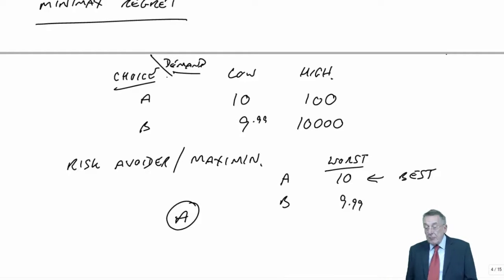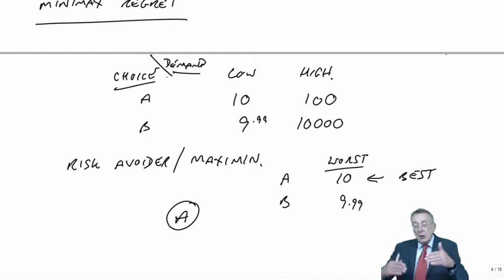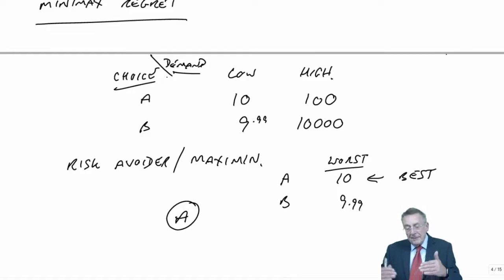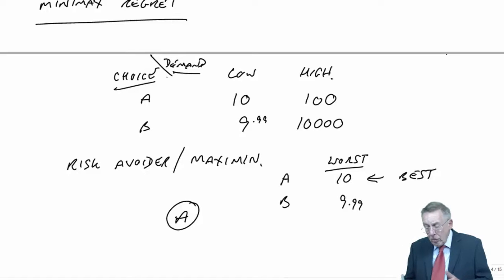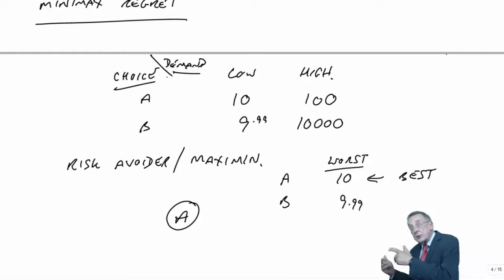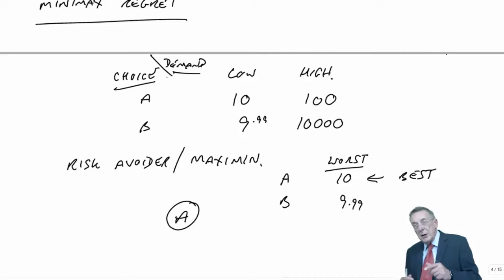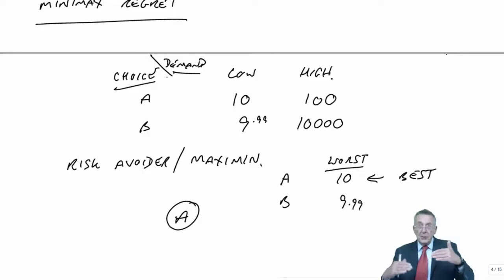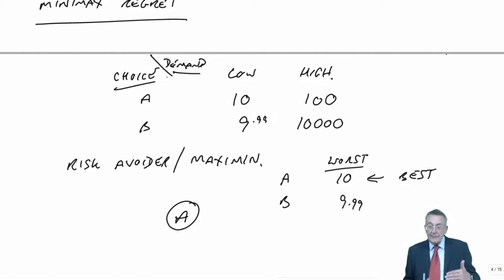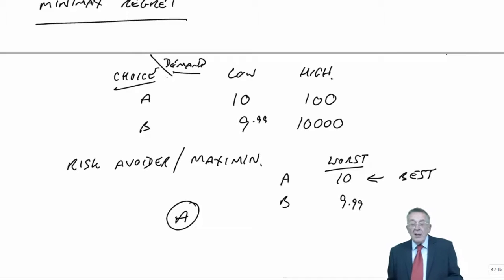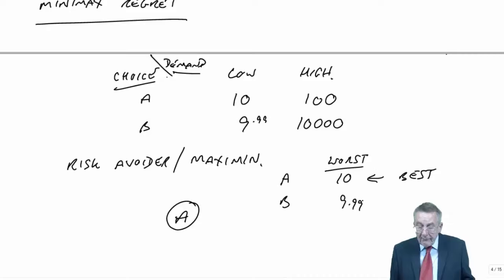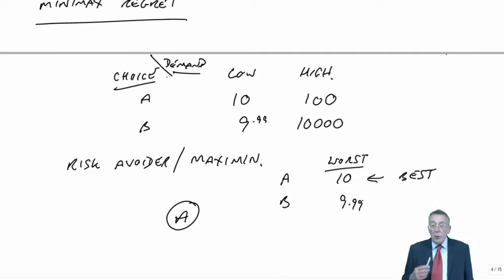And of course, the reason I certainly would choose B is that you're comparing. You're saying, oh, well, if demand's high, I get an extra 9,100. If demand's low, I'll lose 1 cent. You're comparing the two when you're making the decision. And so, that's effectively what we do in Minimax regret.